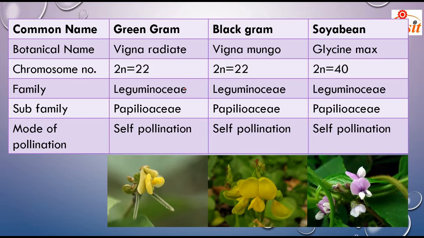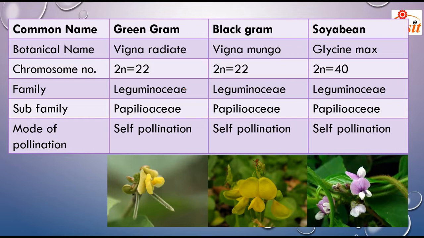See here student, I compiled all three pulse crops, that is soybean, black gram and green gram, in a single table, because the morphology of the flower, the family, the mode of pollination and many other things are the same in these crops.